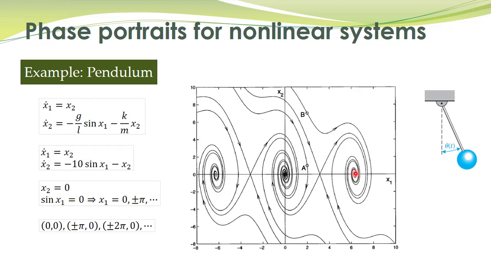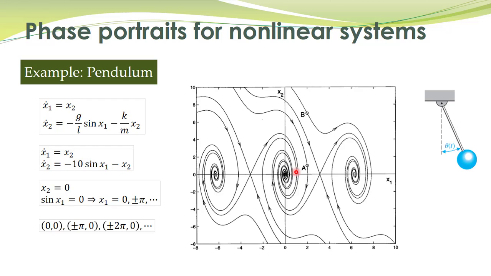This equilibrium point is physically the same as this one. The difference is that before reaching this downward position, there will be one complete rotation of the pendulum, 2 pi. That is, this pendulum was initially at this position, there was high velocity, and due to that velocity it rotated and finally oscillated about this equilibrium point. So this is the difference between this equilibrium point and this one. Is it clear?